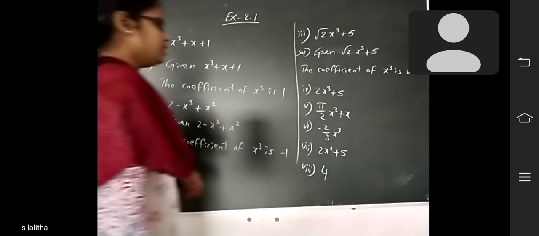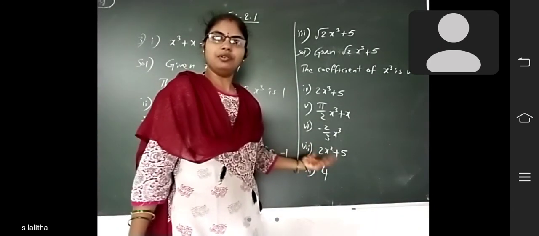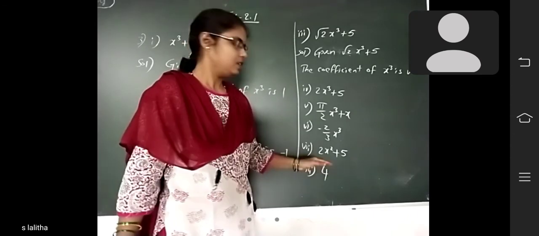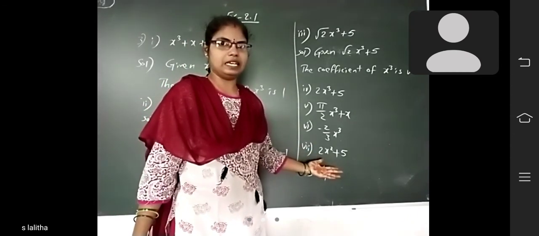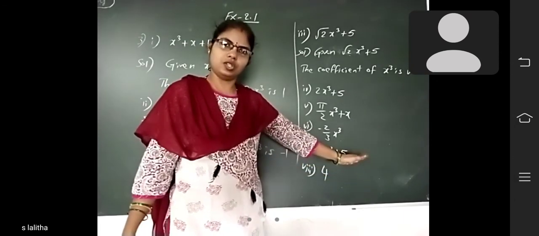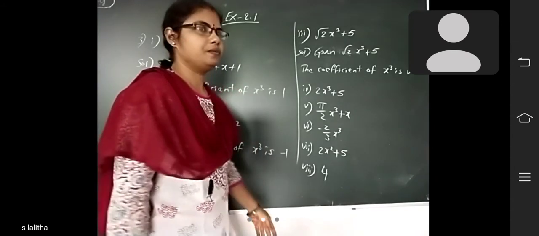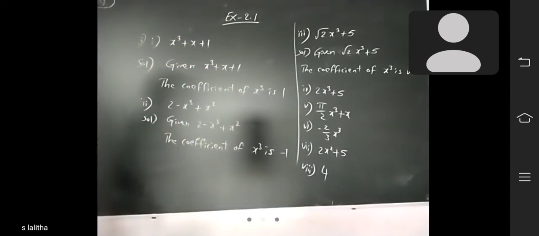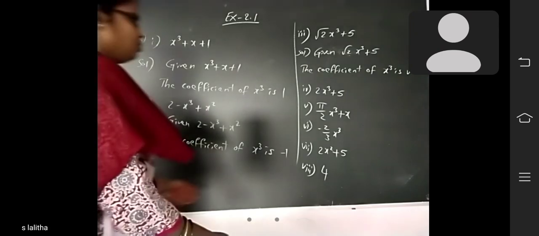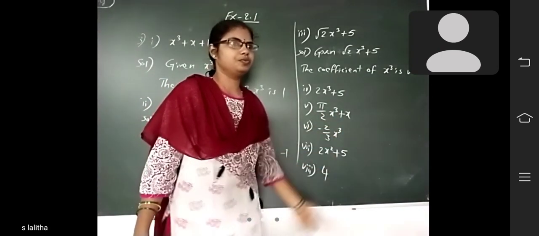Here you observe, these two polynomials have no x cube term, so you can write 0, and here also 0. What is the multiple of x cube here? 5 by 2.